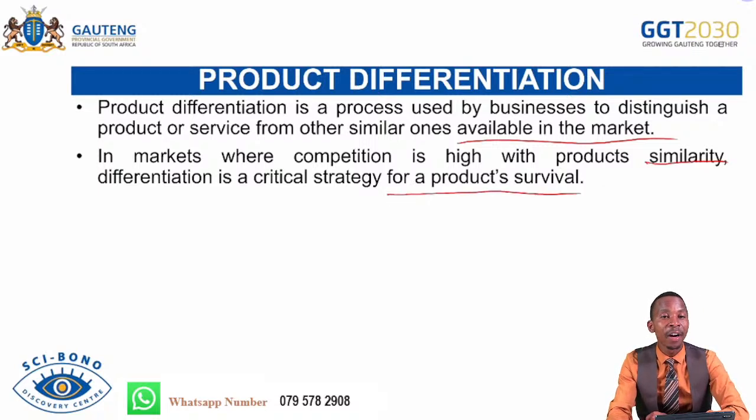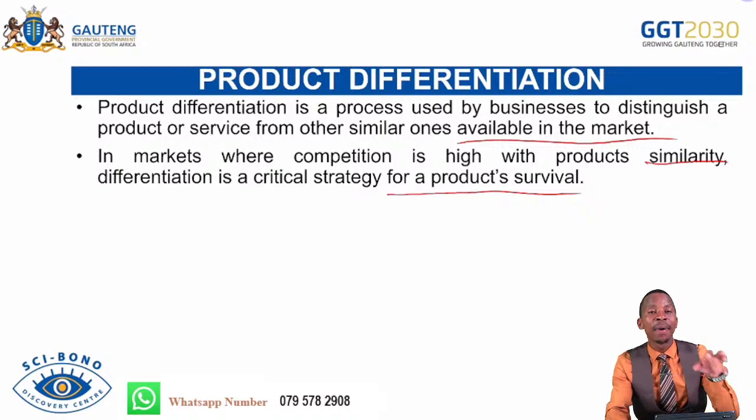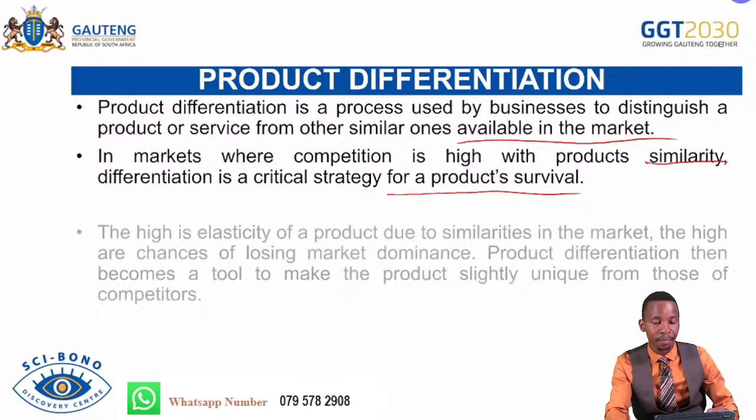So for goods to survive in the market, differentiation of the product is very important so that consumers can treat these goods as different. It is very important for each seller to ensure that his or her goods are differentiated from those of the rival firms or competitors.